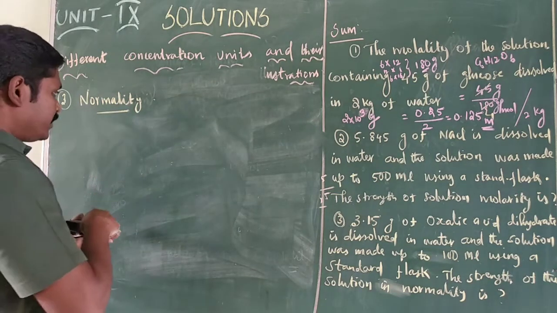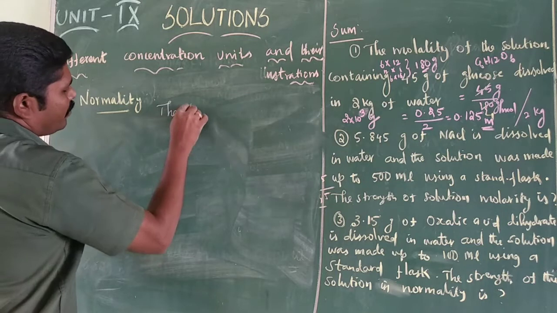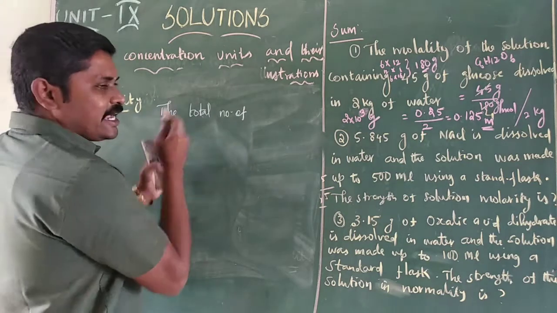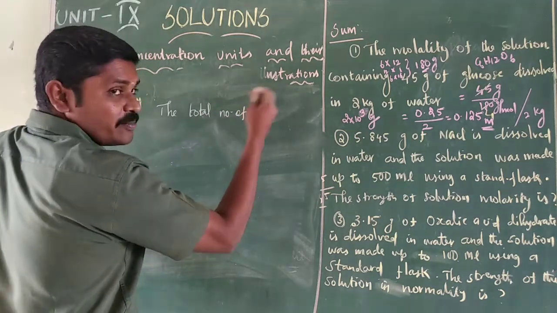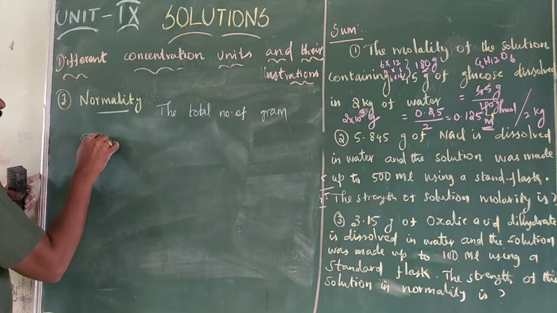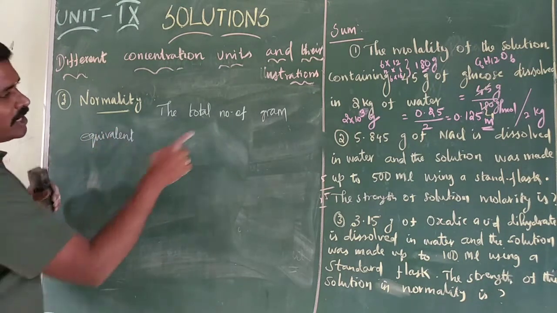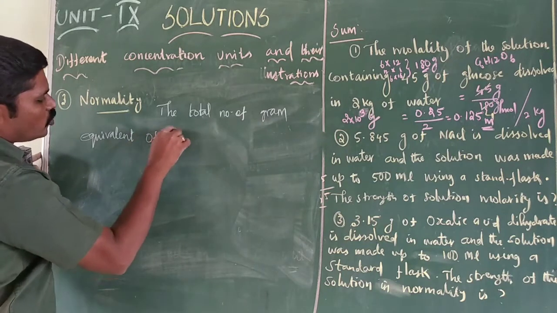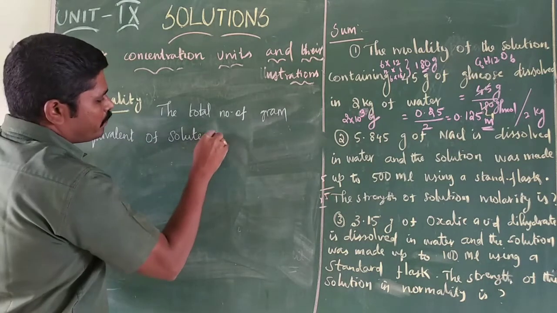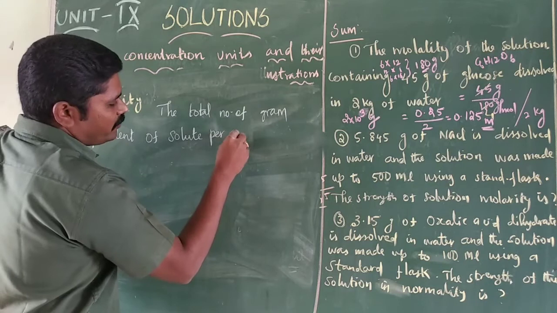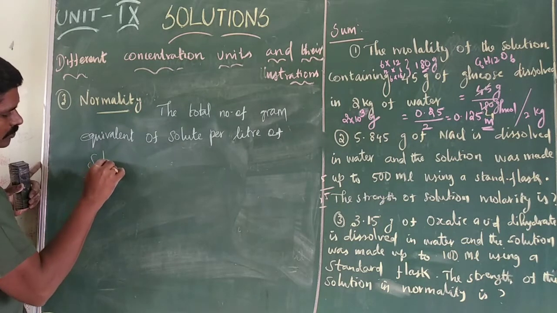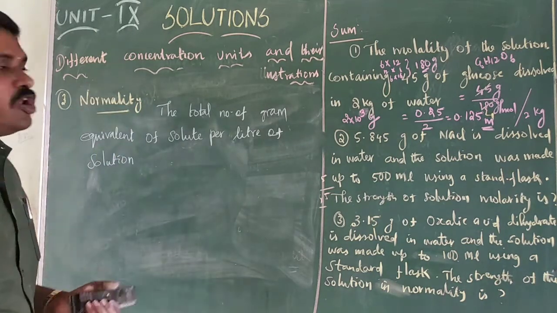It is the total number of gram equivalent of solute per liter of solution.